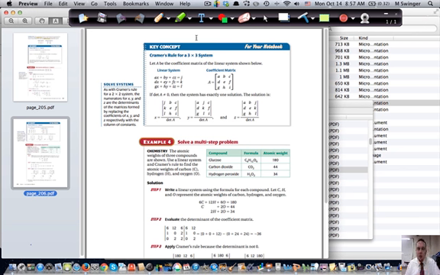Alright, just check this out for a second. Cramer's rule for a 3x3 system. So right now you know Cramer's rule for a 2x2, 2 equations, 2 variables. What if we had 3 equations, 3 variables? Your coefficient matrix would be a 3x3, and then x is equal to this, y and z equal to this.